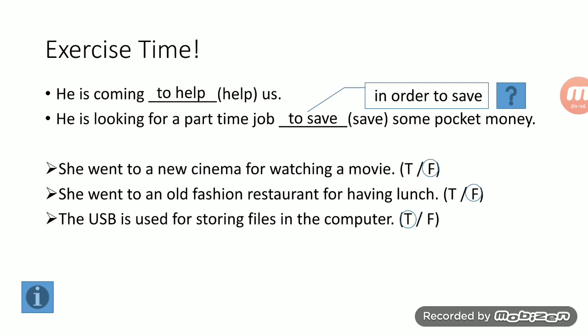Just like this sentence, he's coming to help us. By the meaning, you can also say he is coming in order to help us, but you wouldn't say this in daily conversation. It's quite weird.